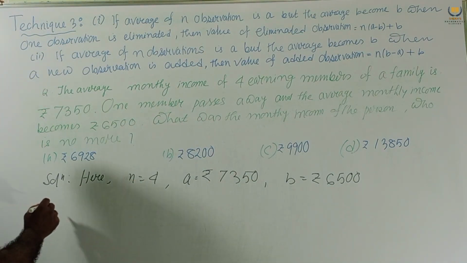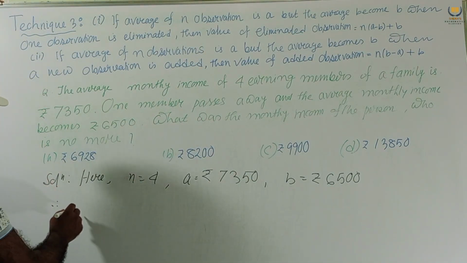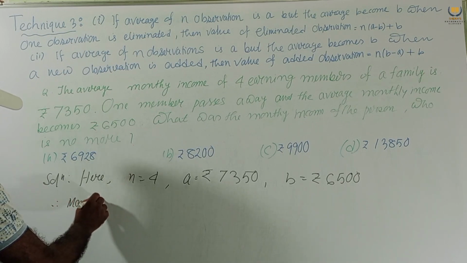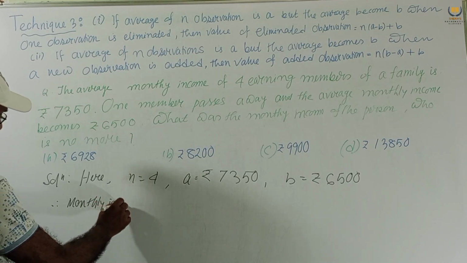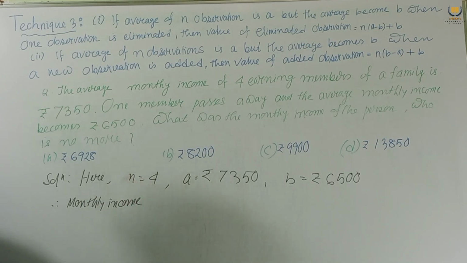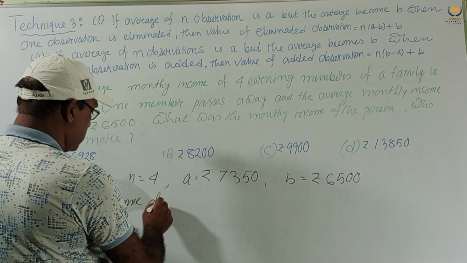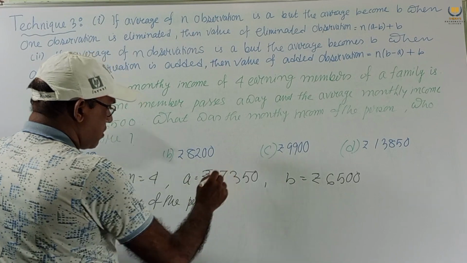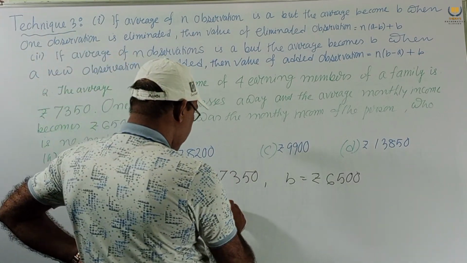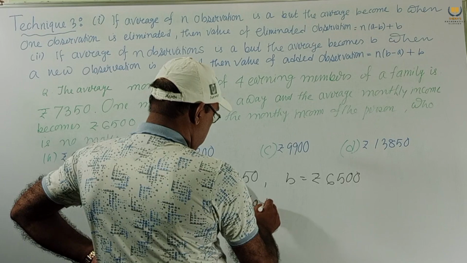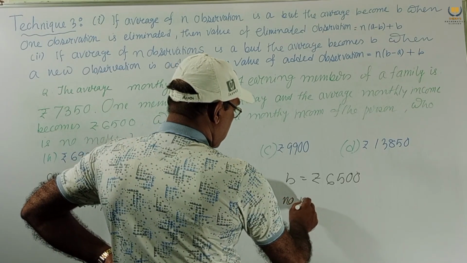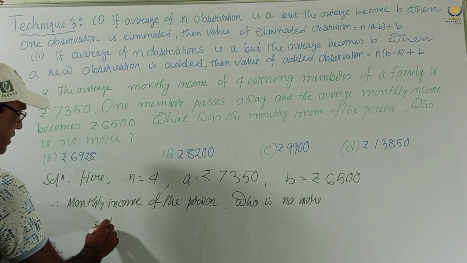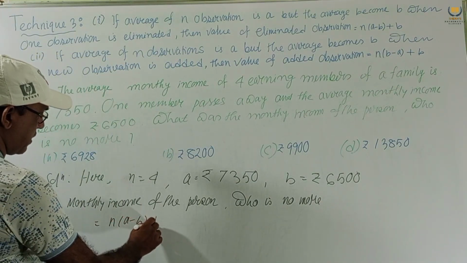Therefore, the monthly income of the person who is no more equals, by the formula, n into (a minus b) plus b.